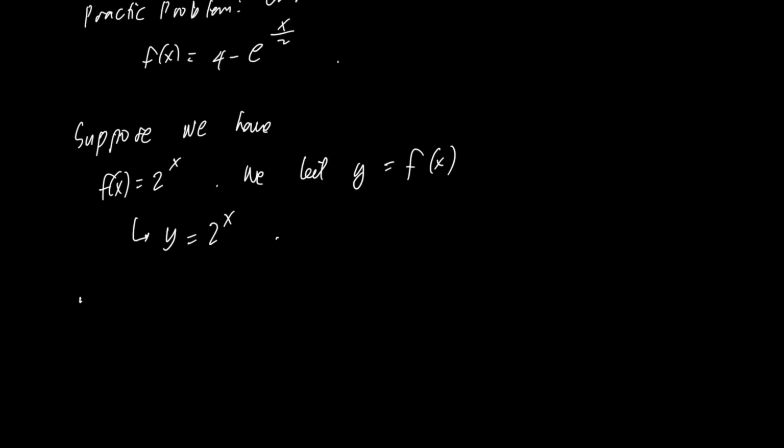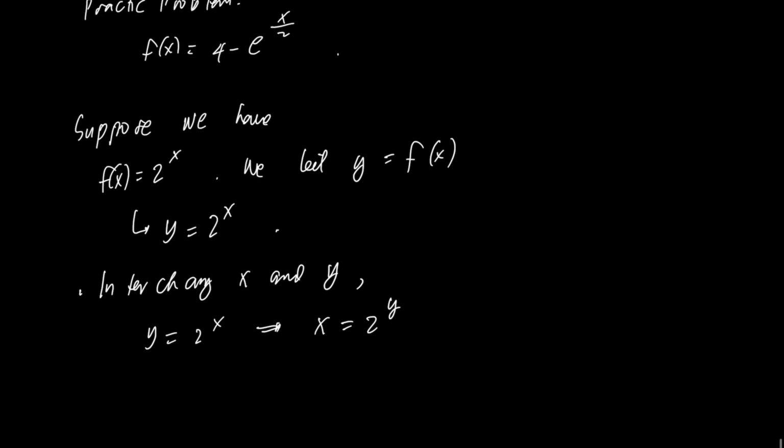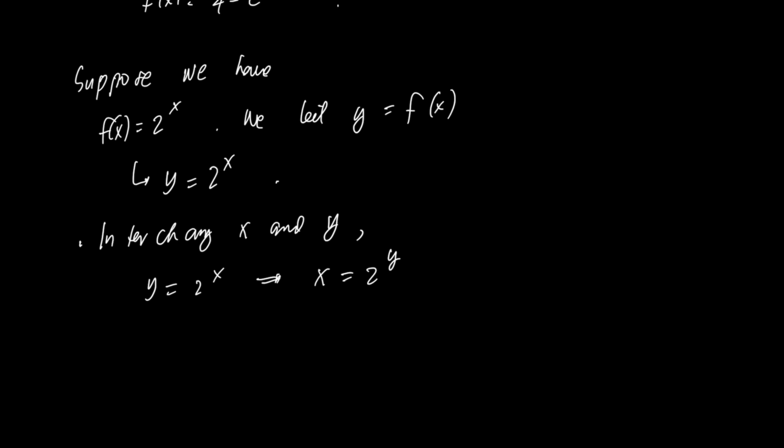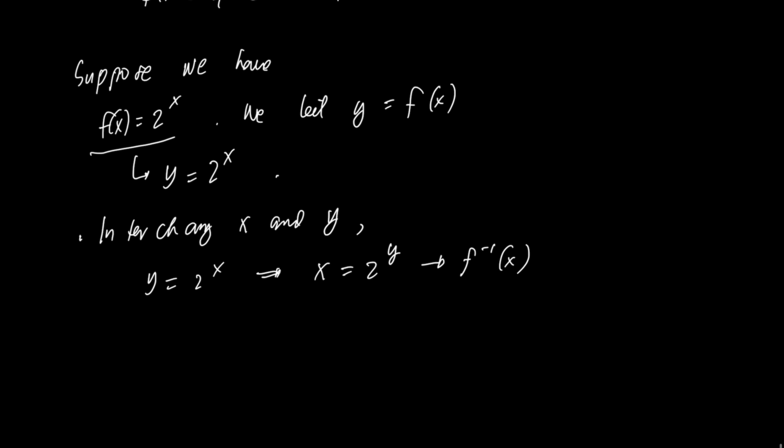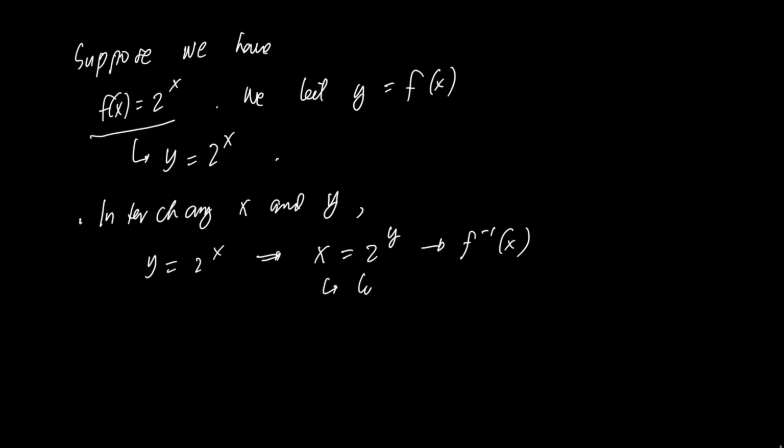Now if we interchange x and y, what will happen here? This y is equal to 2 to the x becomes x is equal to 2 to the y. And this x equals 2 to the y is actually the inverse function of f of x equals 2 to the x. And this one here is again a logarithmic function.